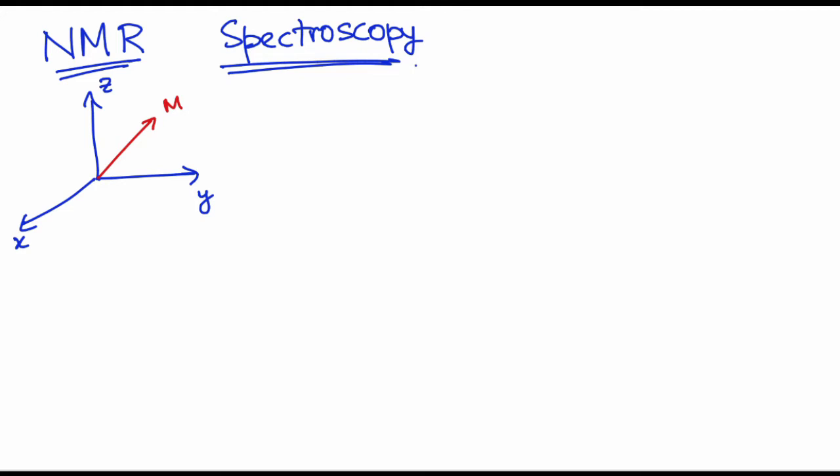In the previous lecture, we were able to understand how the bulk magnetization that is generated in the sample precesses about the effective B field that is generated due to the external B naught and the applied RF field.